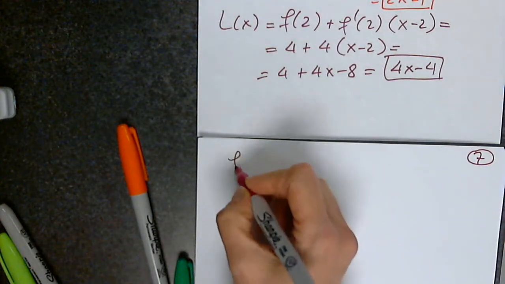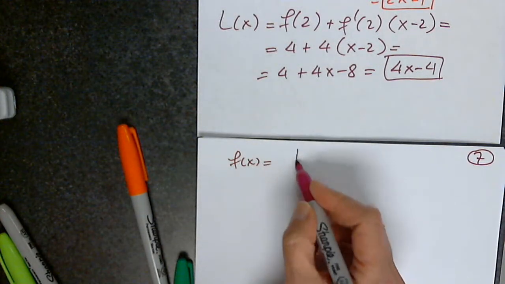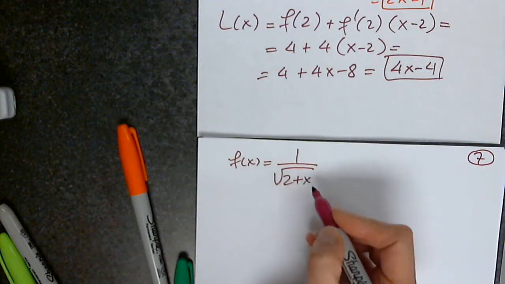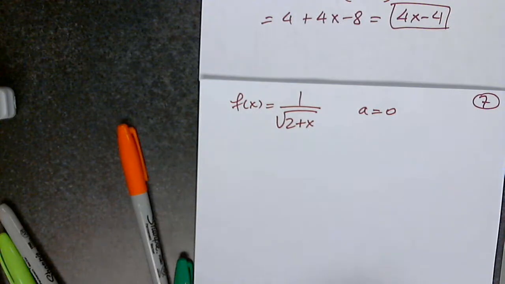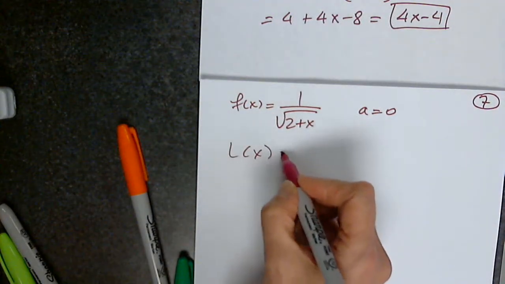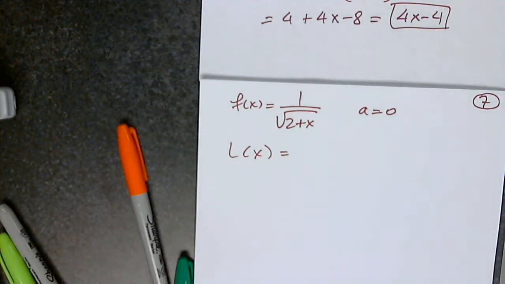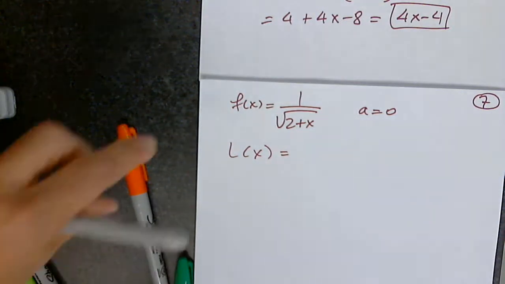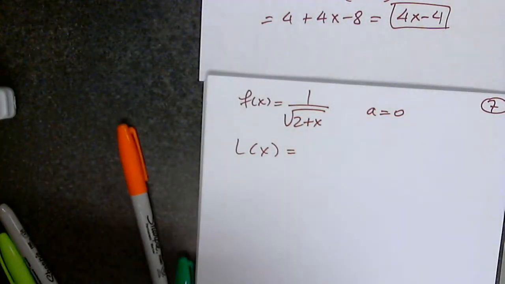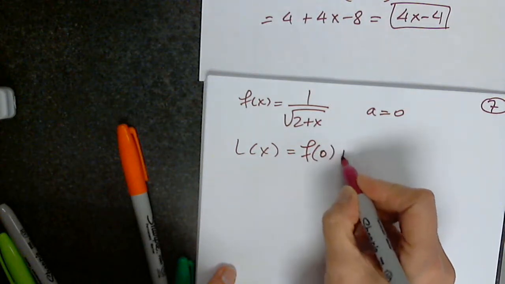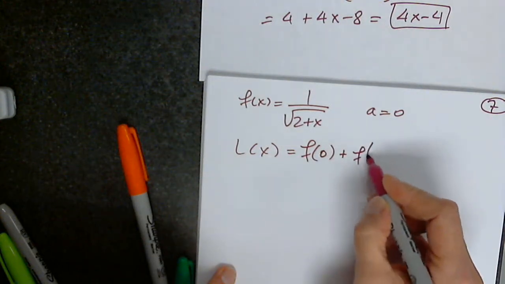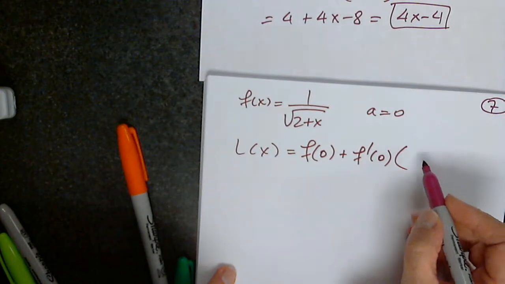So we want to look at f of x, which is 1 divided by the square root of 2 plus x, at a equals 0. So the linearization will be, let's write the formula first. What will I have to write? Tony, are you okay? F of 0 plus f prime of 0 times x.